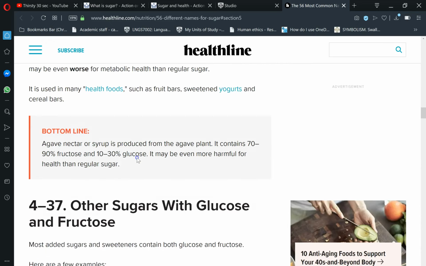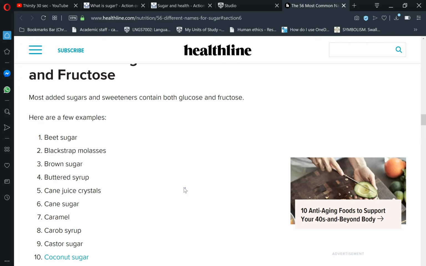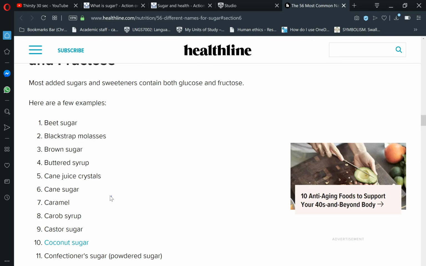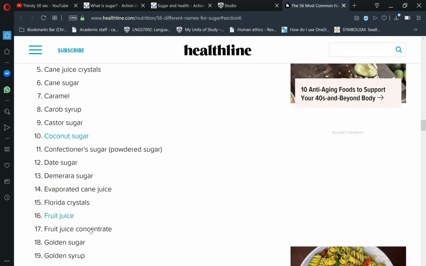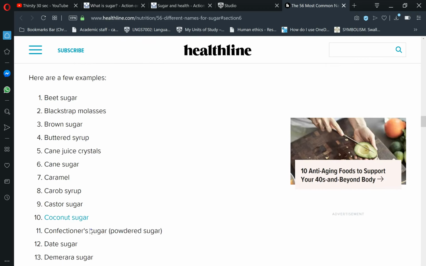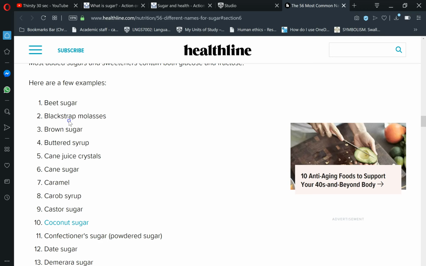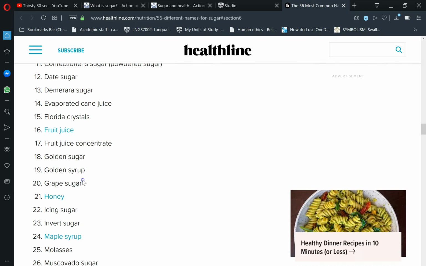So agave nectar, and then it lists all these other types of free sugars that we should be avoiding, but they've been put in foods under these different names, and we might not know that these are bad sugars. So beet sugar, buttered syrup, date sugar, grape sugar.